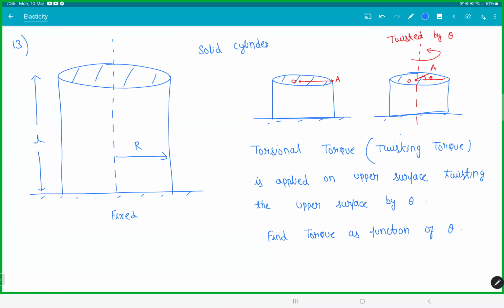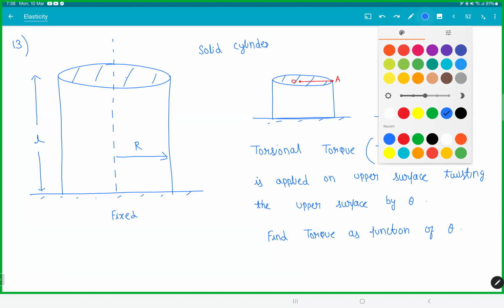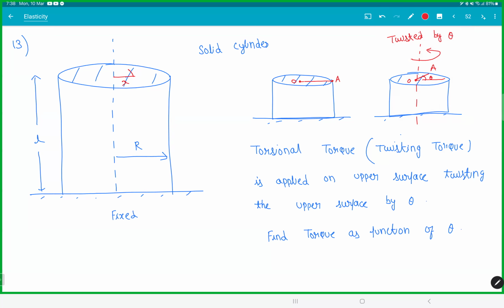You need to ask yourself, does the upper surface, every point, do they move same distance? When you rotate by theta, do every point on the upper thing move the same distance? The farther you go, the more you rotate, isn't it? X theta. So if you take this distance is x, so this will rotate x theta, this will rotate more. So every layer is getting twisted at a different distance. So every point will not have same torque also. Think. It's a good one.